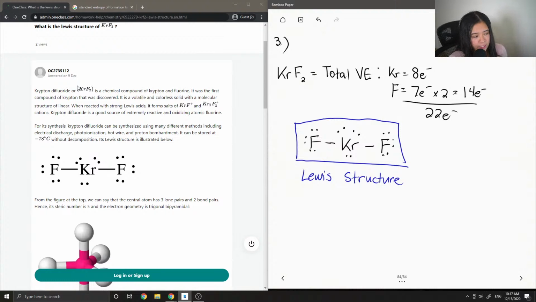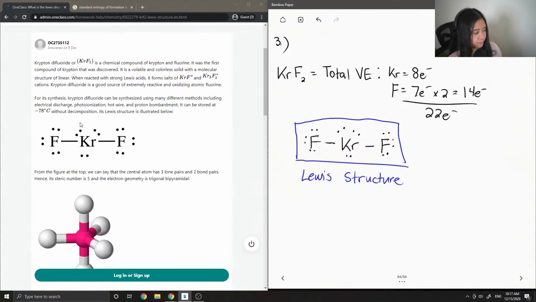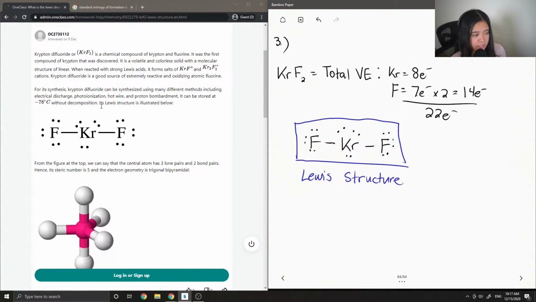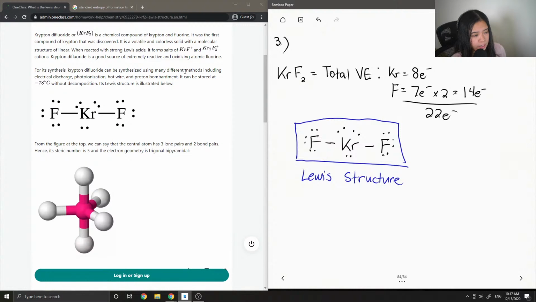Krypton difluoride is a good source of extremely reactive and oxidizing atomic fluorine. For its synthesis, krypton difluoride can be synthesized using many different methods, including electrical discharge, photoionization, hot wire, and proton bombardment. It can be stored at -78 degrees Celsius without decomposition.